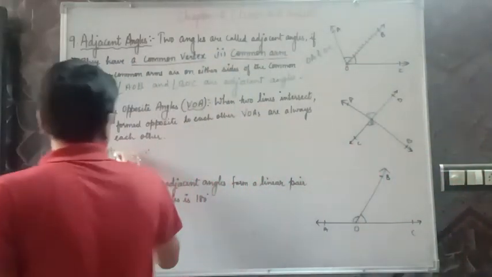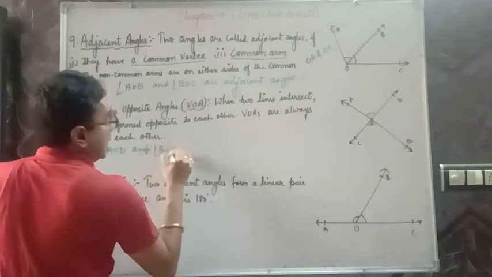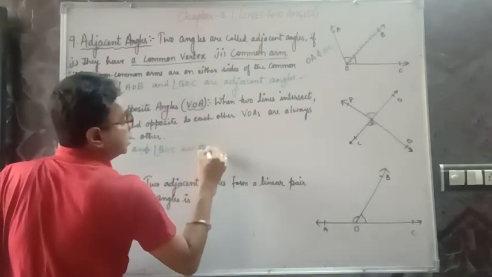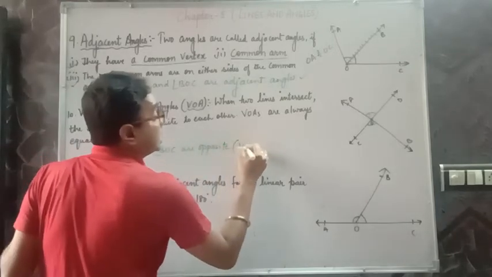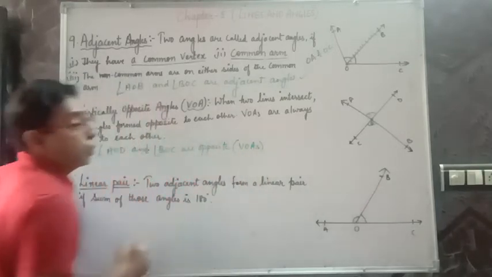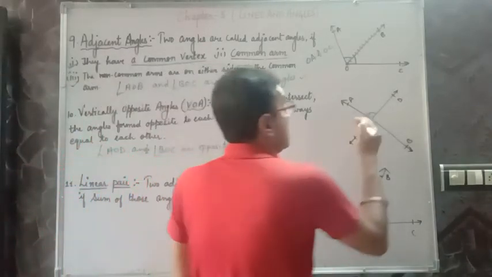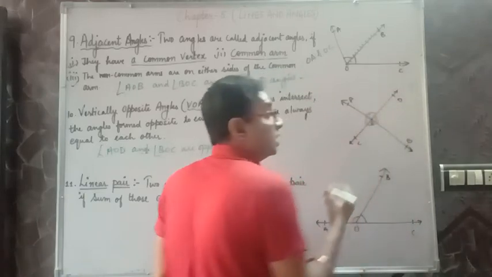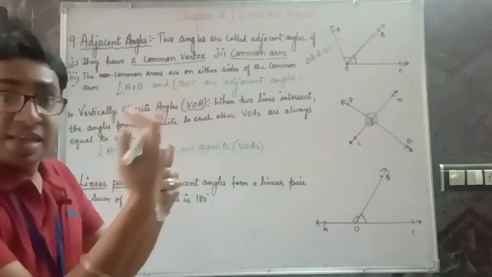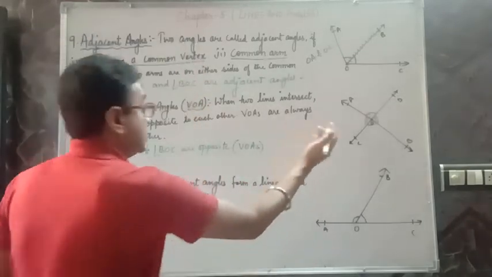Angle AOD and BOC are opposite to each other. So they are vertically opposite angles. Yes or no? Similarly, AOC and BOD are also vertically opposite to each other. That way or this way, they are vertically opposite to each other.